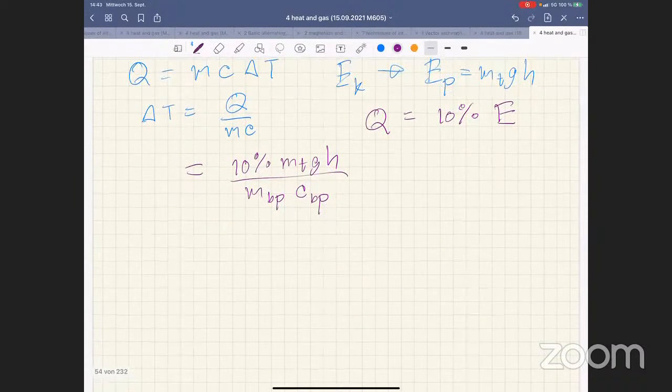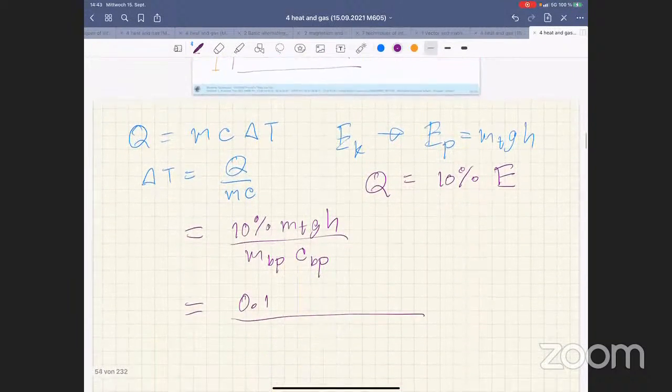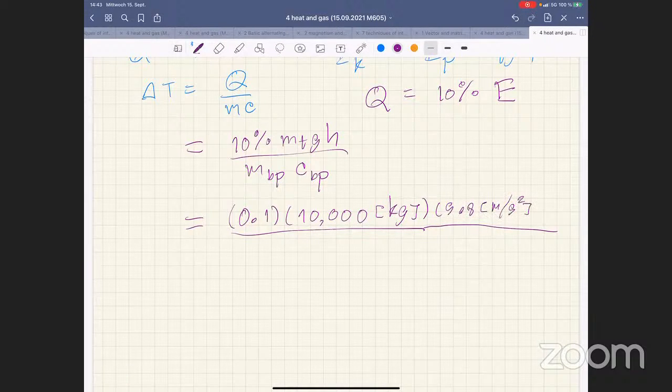We will now substitute. 10% is 0.1, and the mass of the truck is 10,000 kilogram, and g is the gravitational acceleration, 9.8 meter per second square.